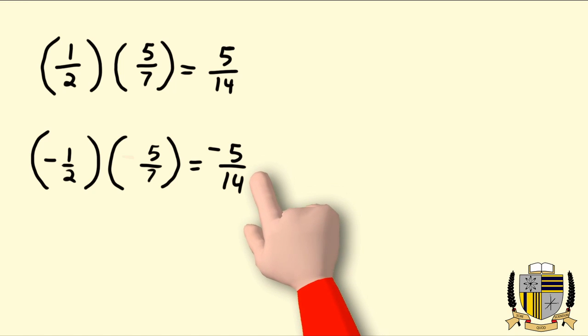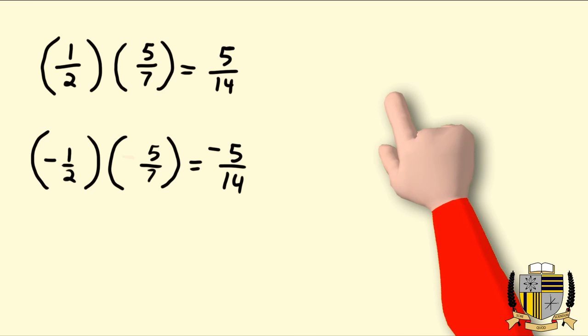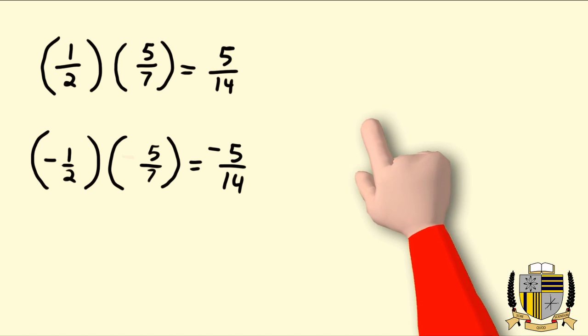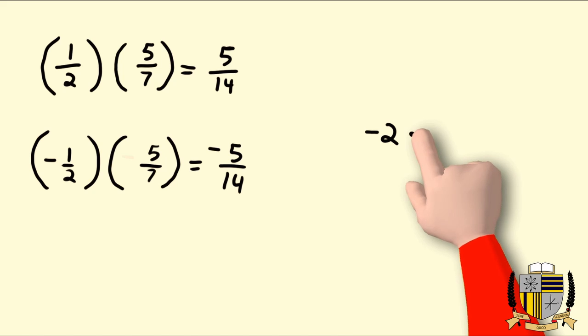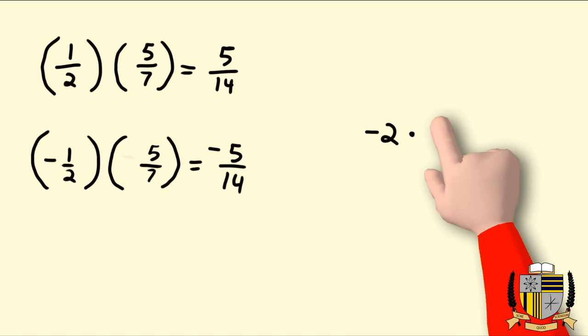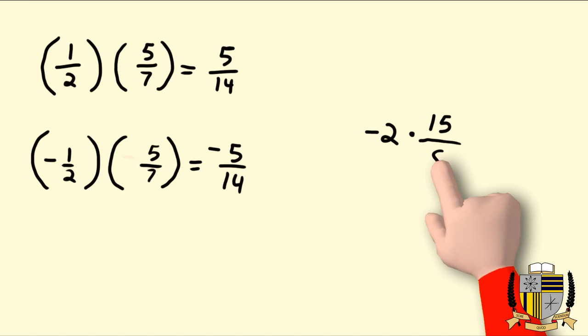Should we do some more? I will do another one this time where we can reduce also. So we have a negative 2 times, let's say 15/8.